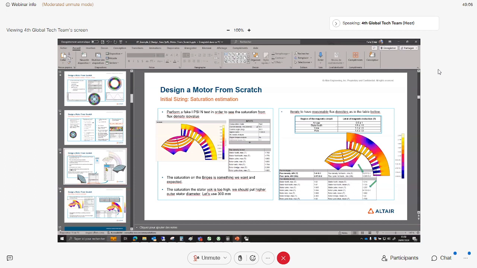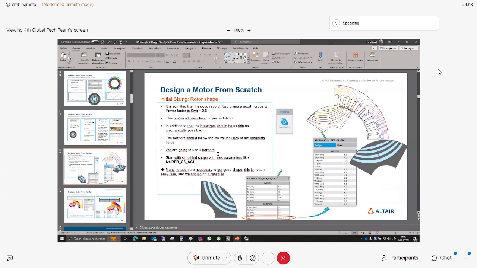Okay, so by far the rotor shape is the biggest issue here, and this is the step where you are going to spend a lot of time.